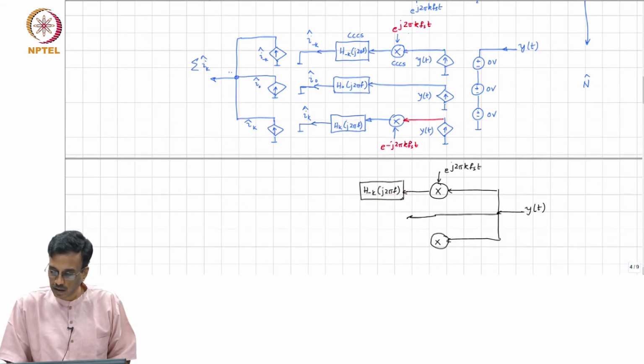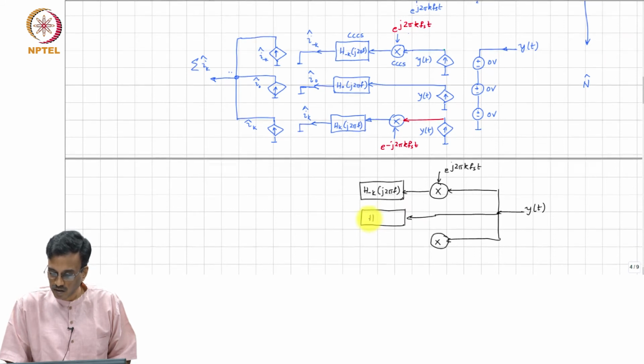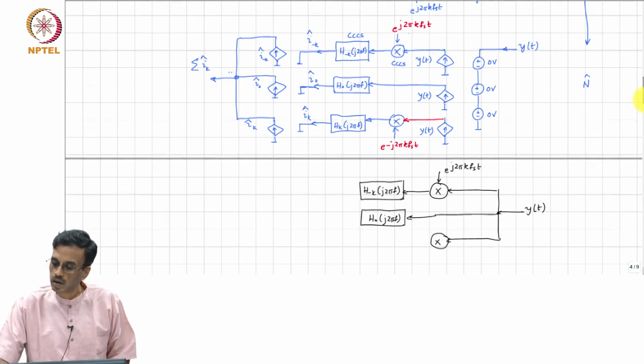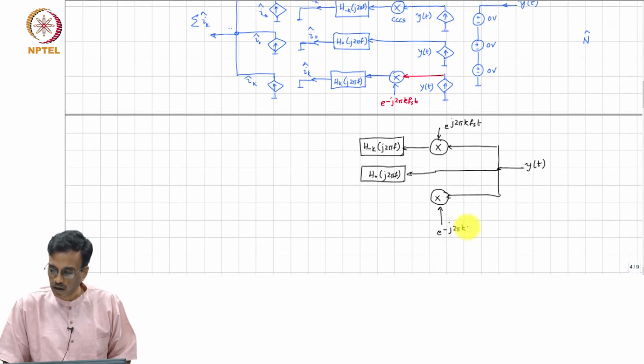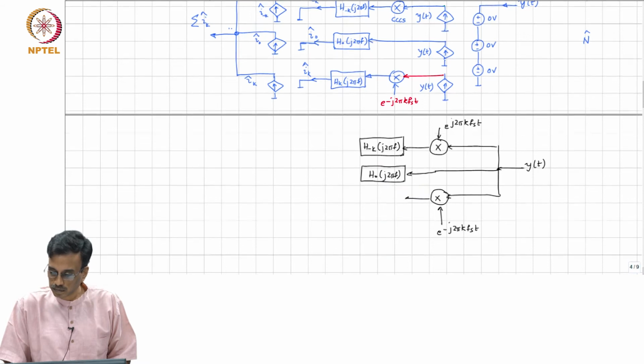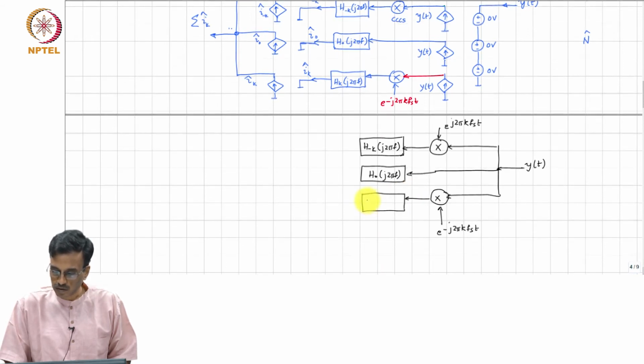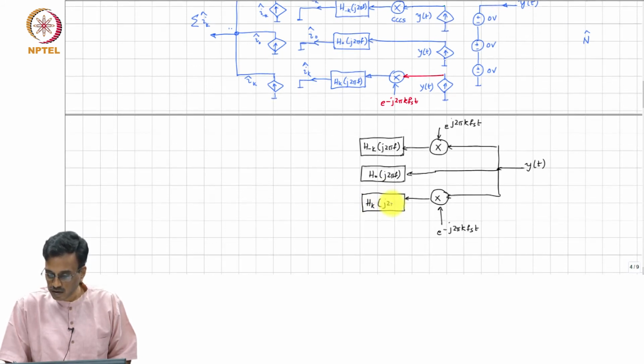This signal goes through h 0 of j 2 pi f. This is e to the minus j 2 pi k Fs times t. This goes through h sub k of j 2 pi f.